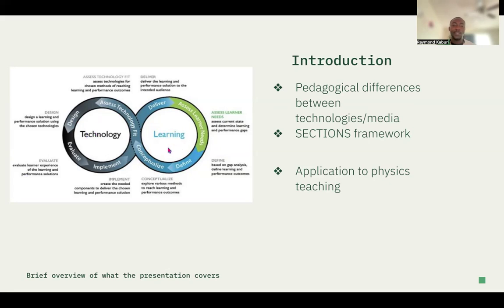And the learning aspect is talking about implementing it in our teaching and learning. How is it going to help in our delivery? And how is it going to help in the definition of concepts and application in terms of conceptualization? So this is a brief introduction about what we are going to look at and an overview of the things that we are going to explore in this module today.